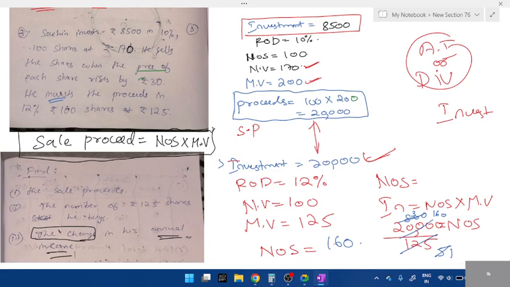Okay, the change in his annual income. It is a 4 mark question, but I've given only for 3.